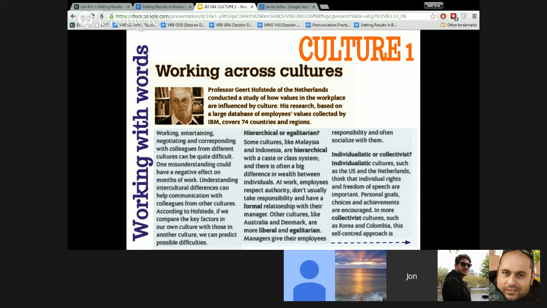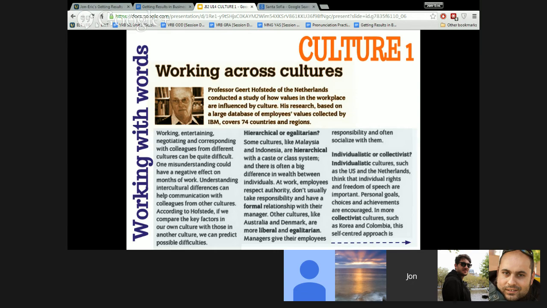Understanding intercultural differences can help communications with colleagues from other cultures. According to Hofstede, Hofstede is his last name. If we compare the key factors in our own culture with those in another culture, we can predict possible difficulties.